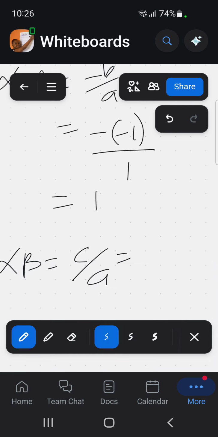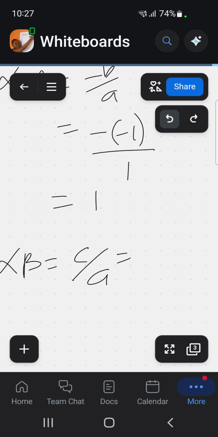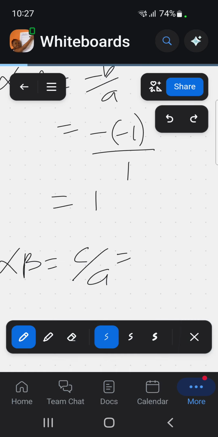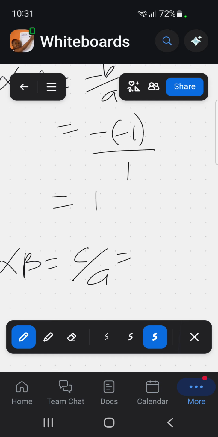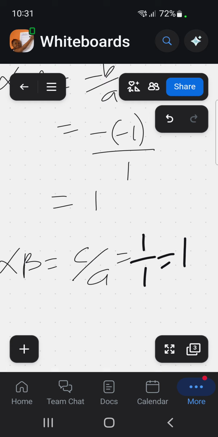Sorry, hold on, please. So c is 1 over a is 1, which is 1. So the answer for the first question that we solved: the answer to the first one is 1, and the answer to the second one is 1.